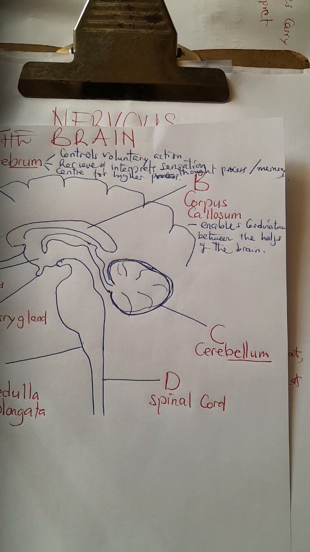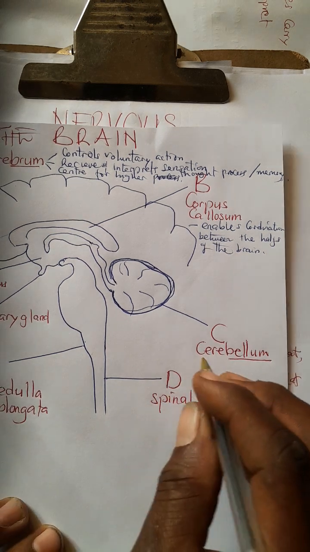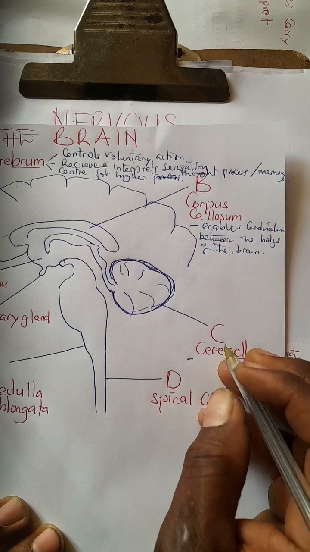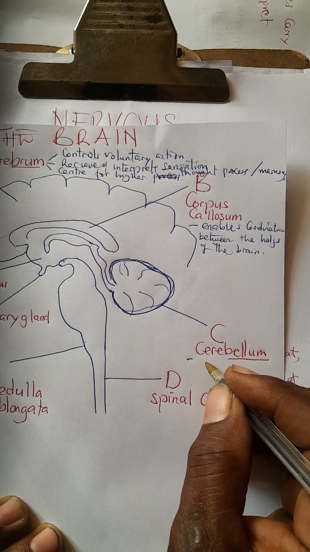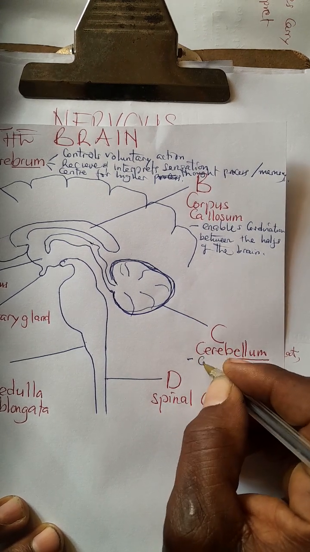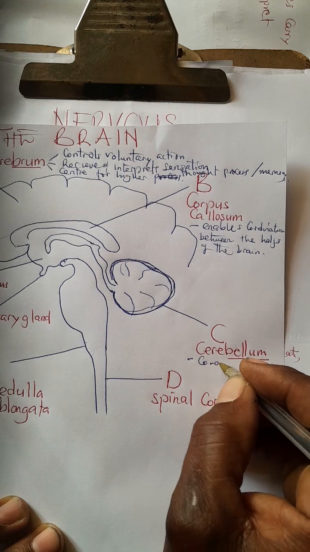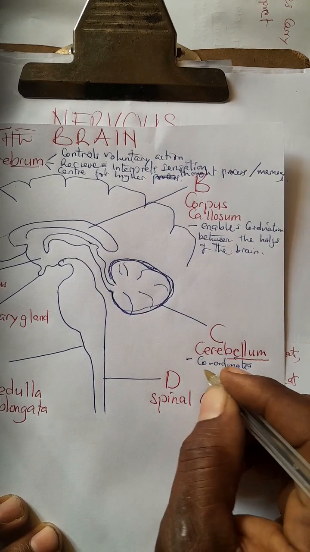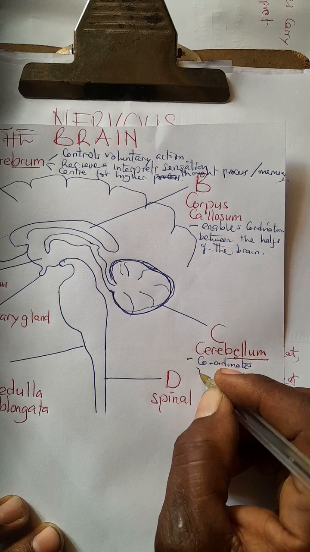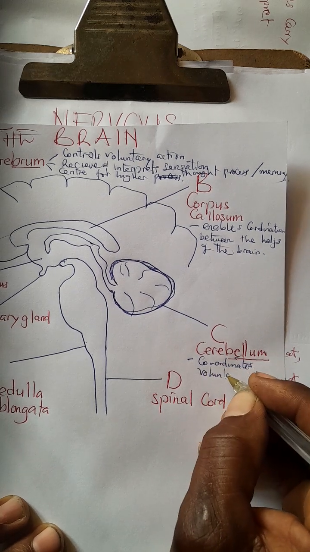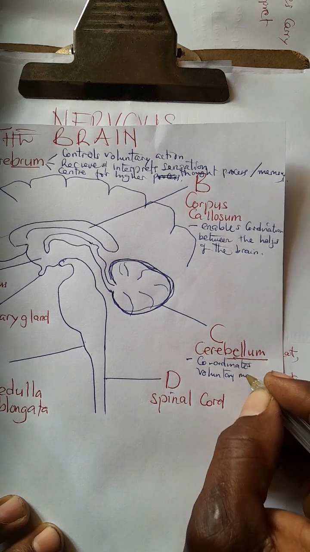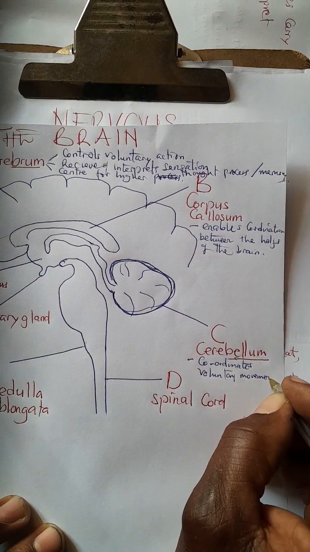Then we've got the cerebellum. The cerebellum has the following functions. One, it coordinates voluntary movements. Be very careful. Can you think about the way you walk?